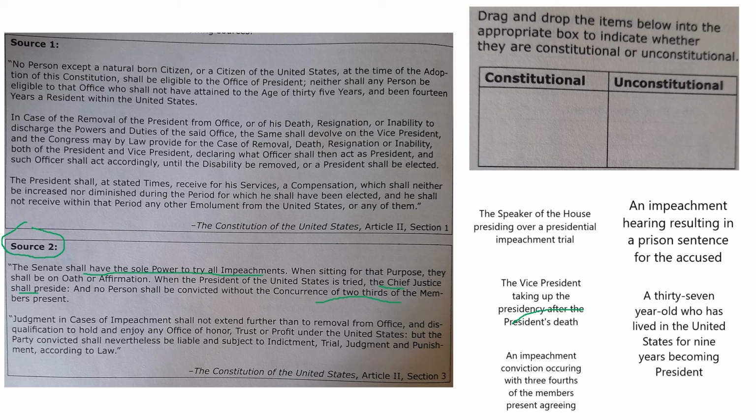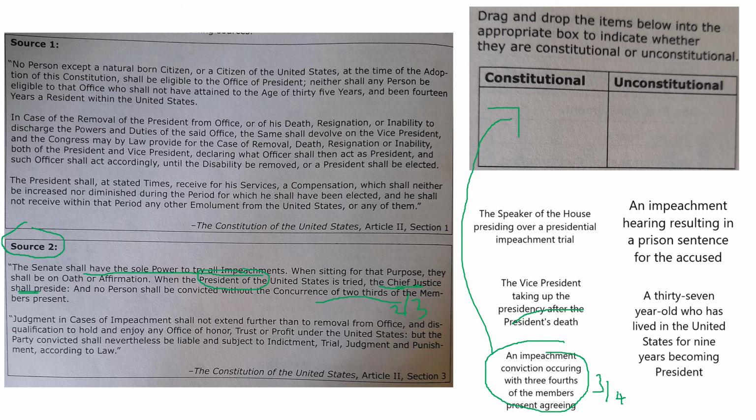So an impeachment where 3/4 agree is okay. 3/4 is bigger than 2/3. So this is constitutional. It also says that the Chief Justice shall preside if the president is being impeached.